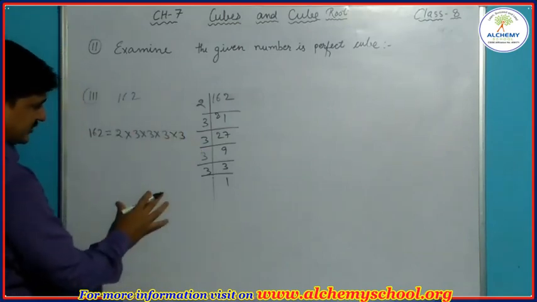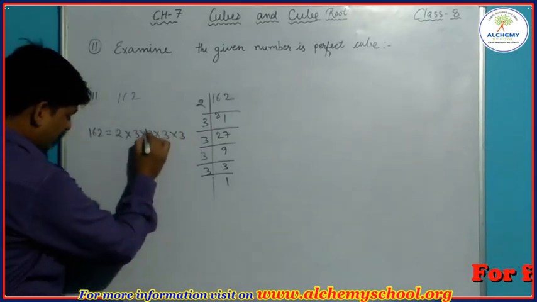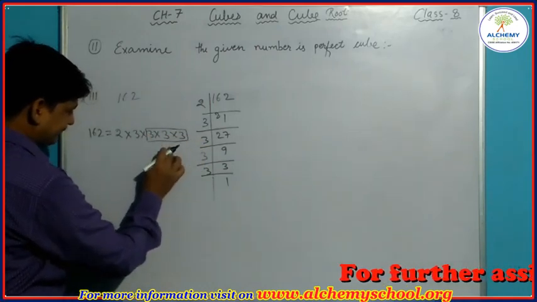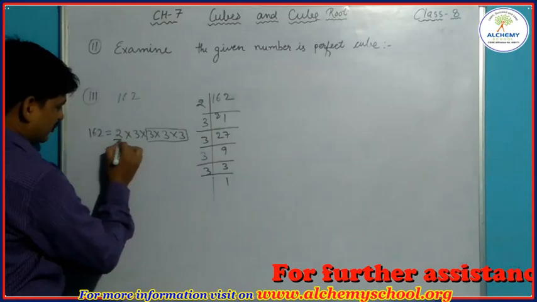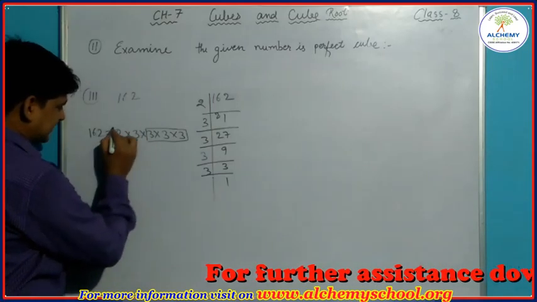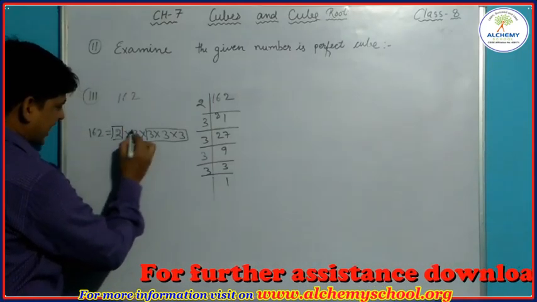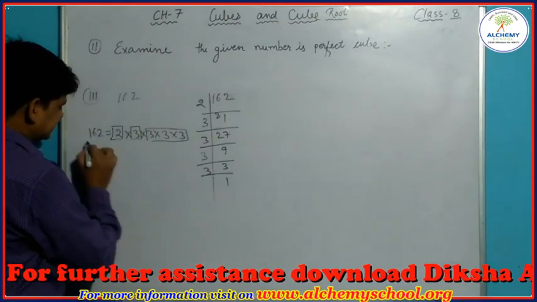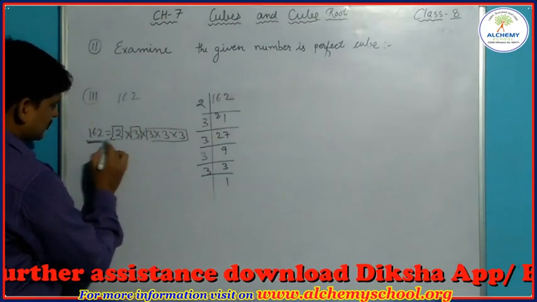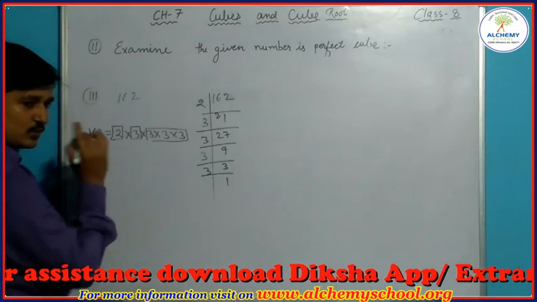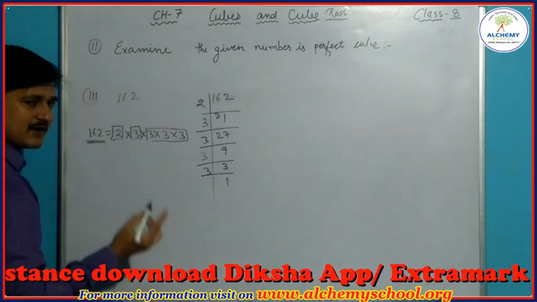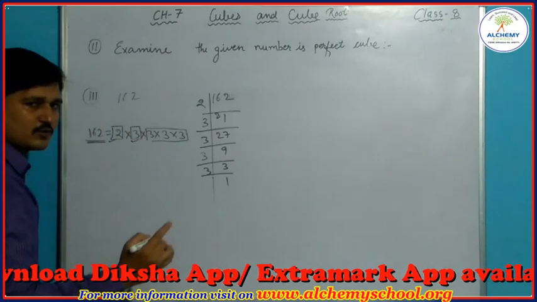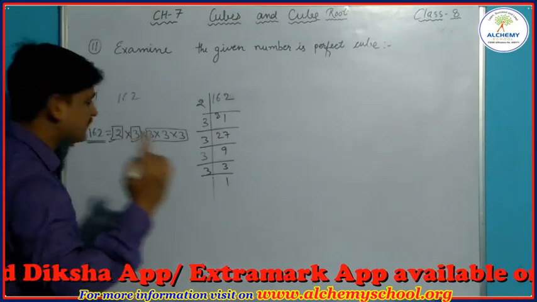So students, here you can see one group of 3 same factors we can make for this 3, but we cannot make a group of 3 same factors for this 2 and for this 3. So this 162 will not be a perfect cube because we cannot make groups of 3 same factors.